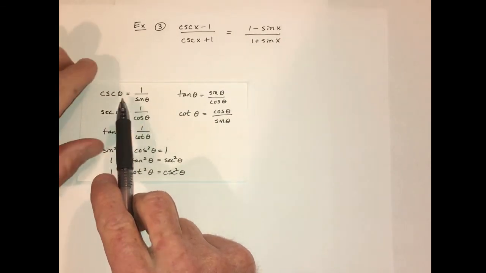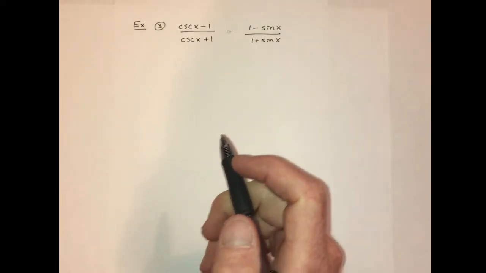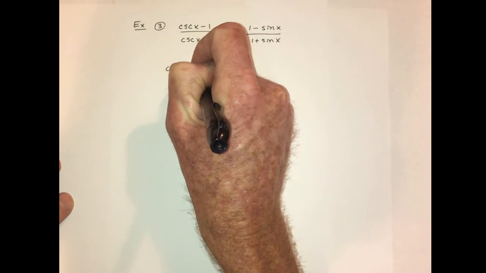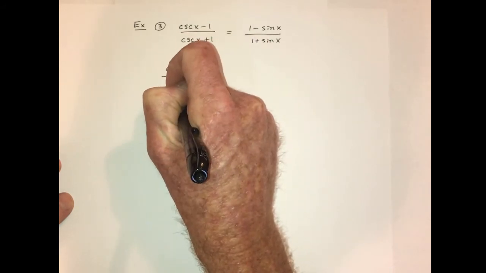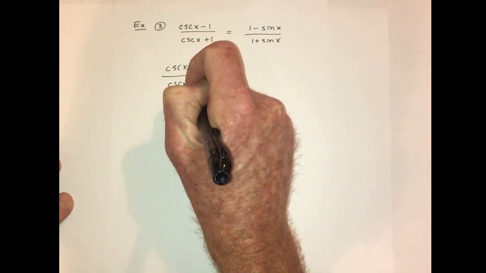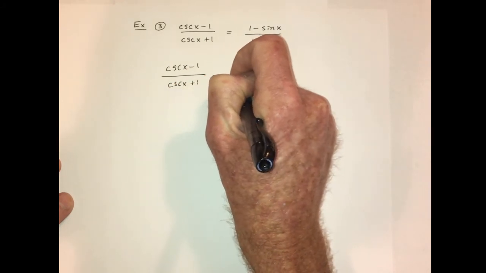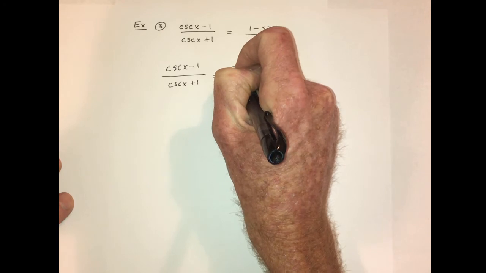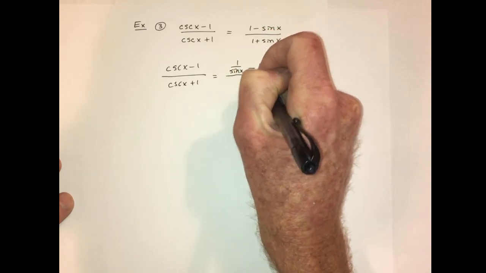So I could use that identity. So I'm going to start with the left side. So cosecant of x minus 1 over cosecant of x plus 1. And then each cosecant gets replaced with 1 divided by sine of x.